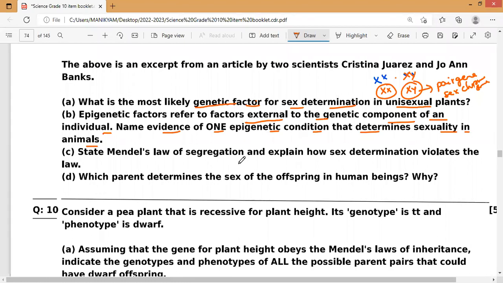Epigenetics is the study of how your behavior and environment can cause changes that affect the way your genes work.